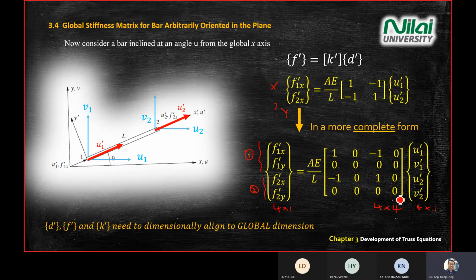So how you determine the size of your matrix is that you re-engineer the matrix format. If you take 4 times 4 times the 4 times 1 matrix, the product will be 4 times 1. This is a fundamental of mathematics for matrix solution.